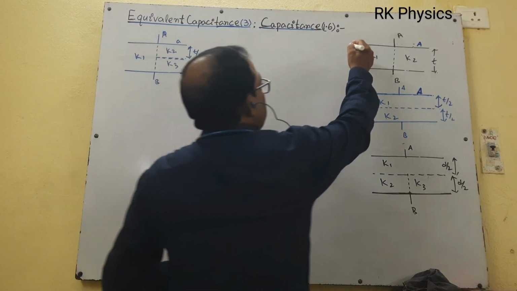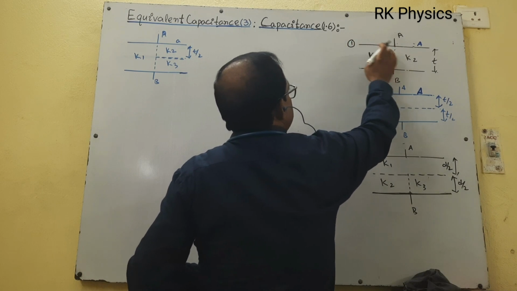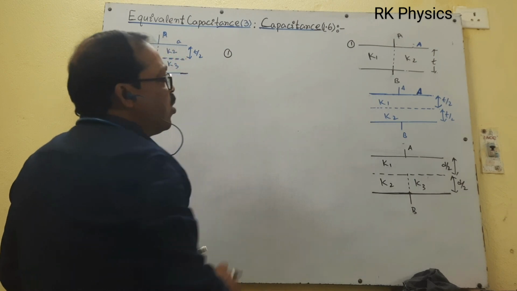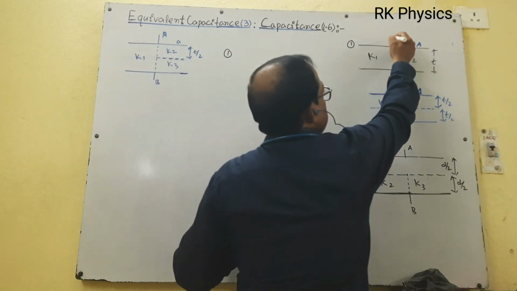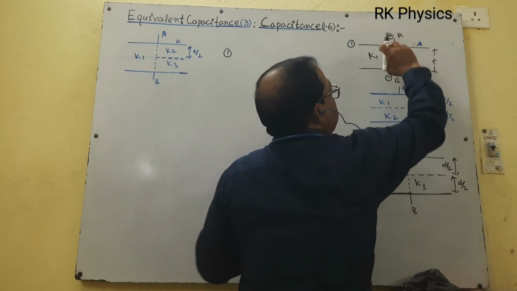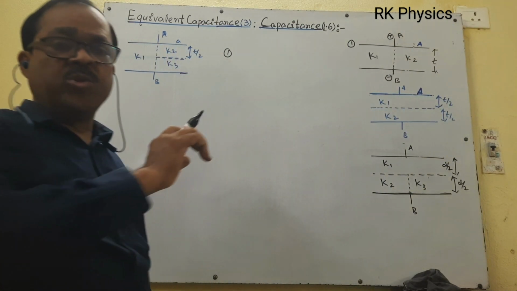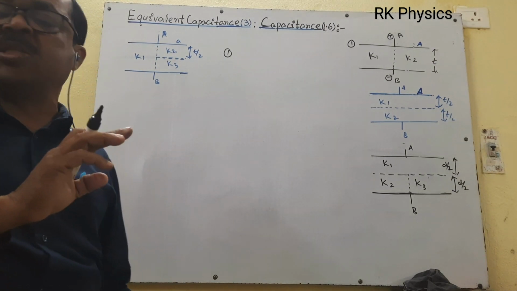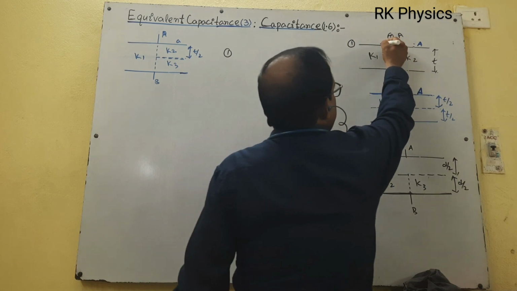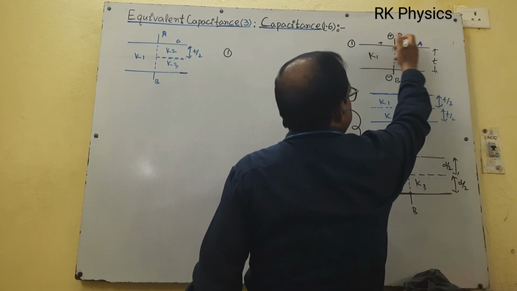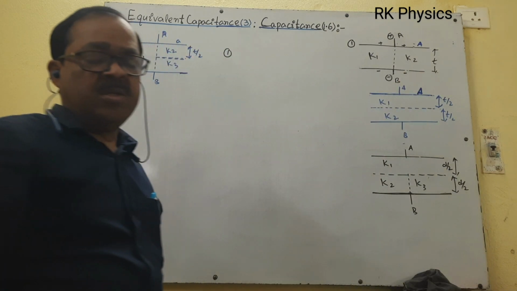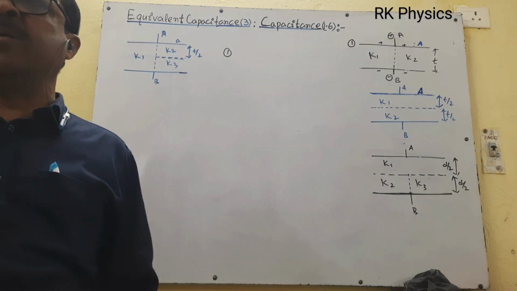Now first we will start with this diagram. I am calling this circuit 1. For circuit 1, assume this plate is positive and this is negative, that means A and B are connected to the positive and negative terminals of this cell. A is plus and B is minus, therefore this side is plus because this is a single plate, and this is minus, this is also a single plate.